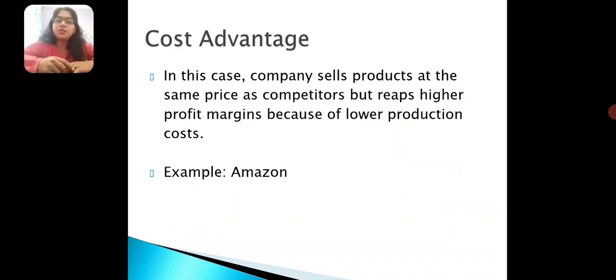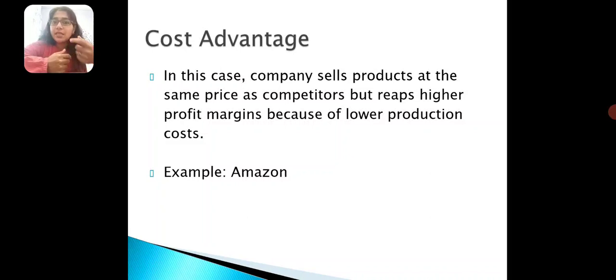Cost advantage position is where the company sells products at the same price as competitors but reaps higher profit margin because of lower production costs. That's the key element there. So here, being a business organization, you are selling the product at the same price compared to your competitors.